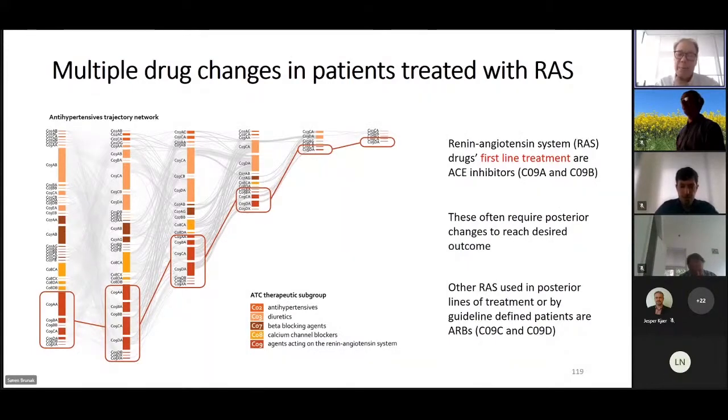In this paper we go into the issue of whether we can spot the groups that maybe should start on second-line or third-line treatment instead of first-line treatment, for example in hypertension. So we compare ACE inhibitors to ARBs, and here you see the trajectory network for this specific group.